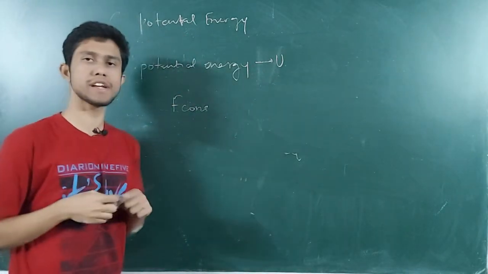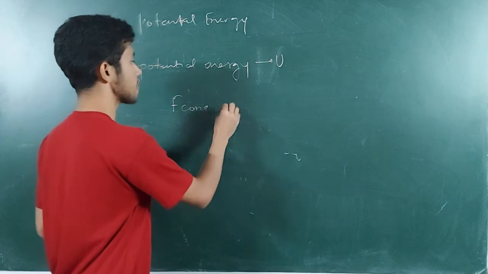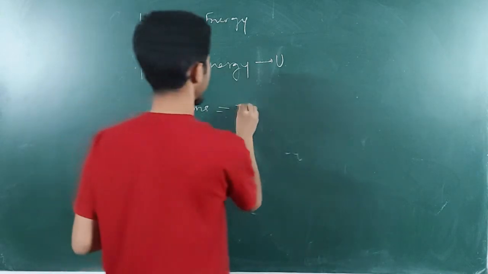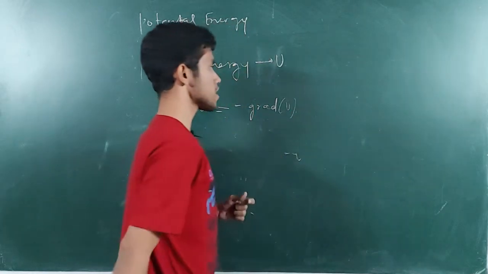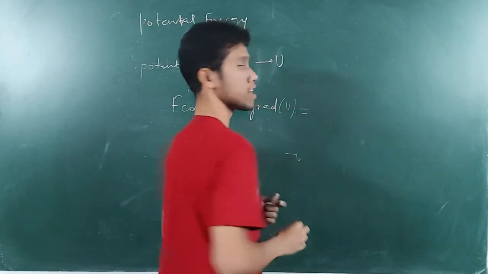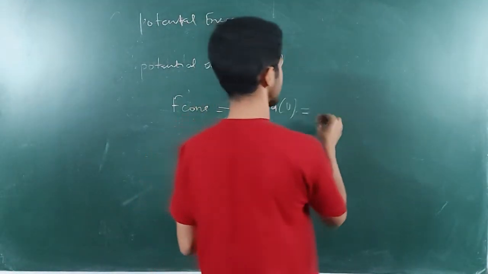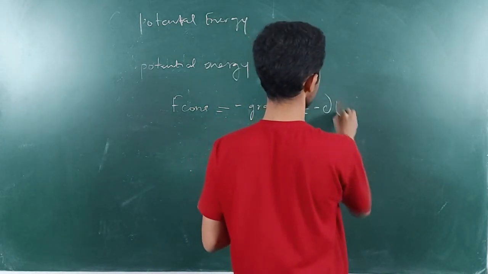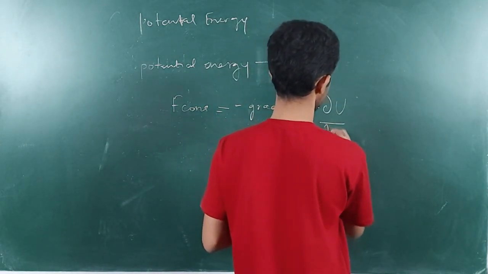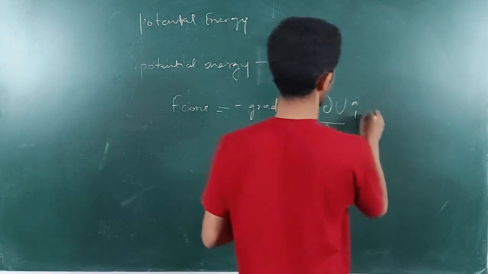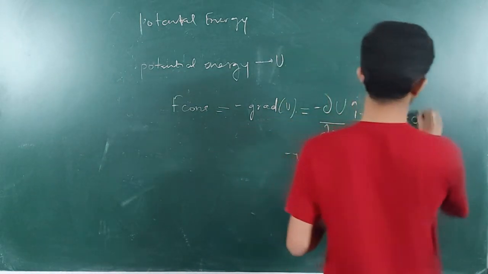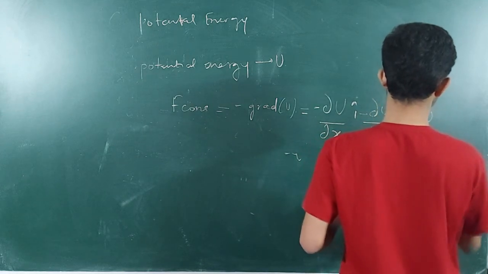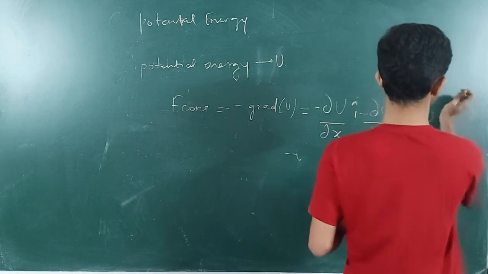So the force given here is a conservative force, and that will be equal to the negative gradient of U. This is given by a special symbol, that is minus ∂U/∂x i cap, minus ∂U/∂y j cap, minus ∂U/∂z k cap.